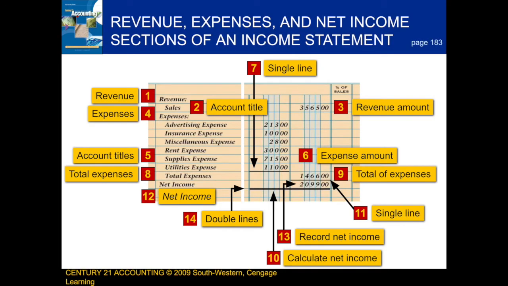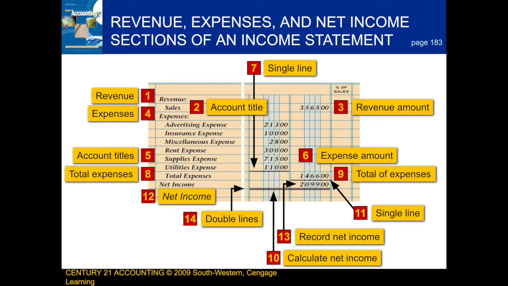Alright, next we're going to be talking about the revenue, expense, and net income sections of an income statement. The different numbers here are showing us the revenue, expense, and net income sections on this income statement. Number 1 is showing us the revenue. Number 2 is showing us the account title.